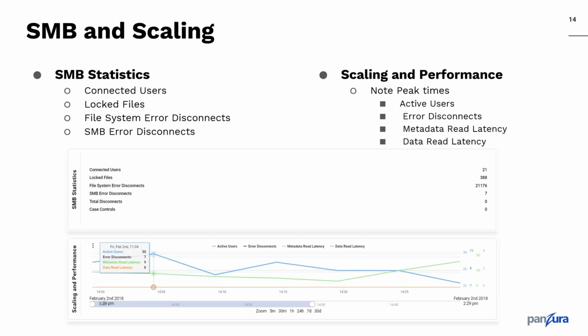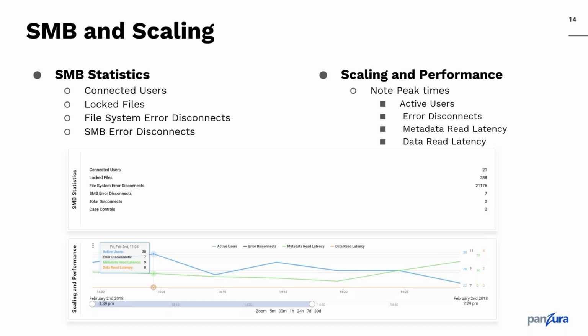In addition to SMB statistics at an individual point, we can also see those over time. This is how you're going to map and predict what you're going to need in the future. Now we see currently active users, but you can also look at your active users over time because it has the same pan and zoom capability at the bottom. You can look at those on an individual day or across weeks or a month. This also maps those error disconnects, which most of the time you'll see line up with the end of day behaviors. You can see the latency that users are experiencing by looking at the metadata and data read latency.